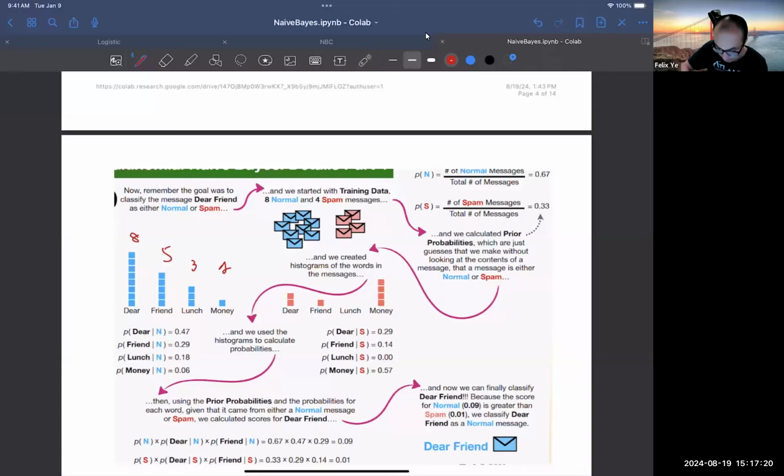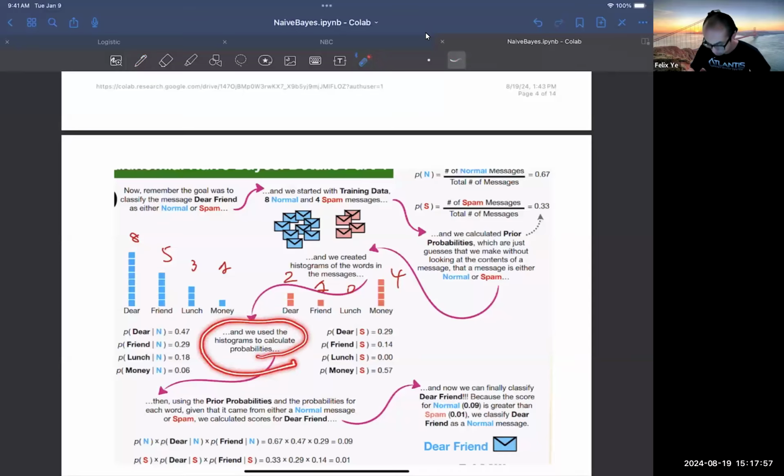Then we normalize into probabilities, so given normal, "dear" shows up with probability 0.47, and so on. Say those are the only four words that show up in the messages. For the spam, we have 2, 1, 0, and 4.